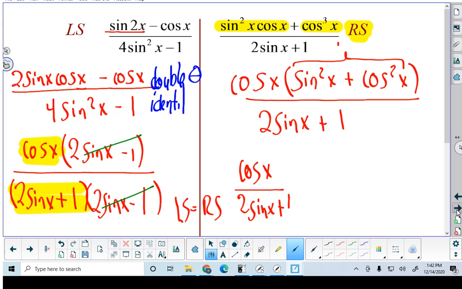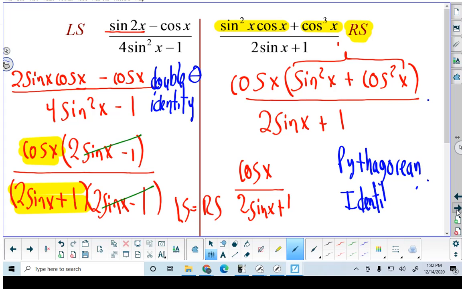When we replaced sine of 2x with 2 cos x sine x, we used the double angle identity. And then to go from here to here, we use the Pythagorean identity.